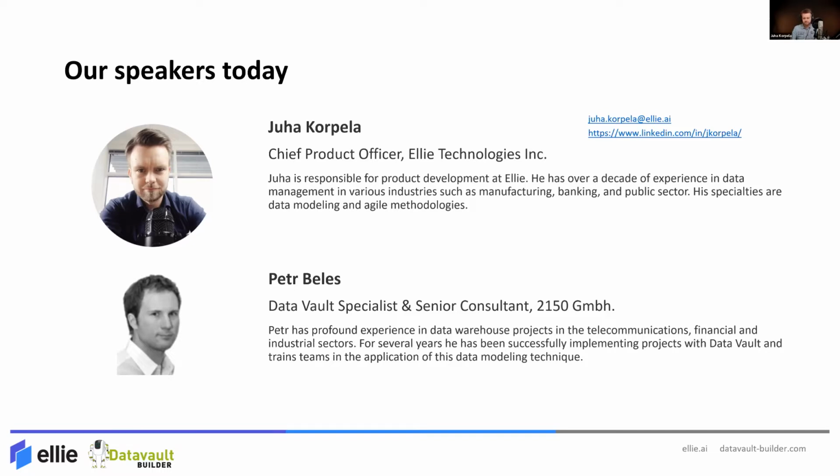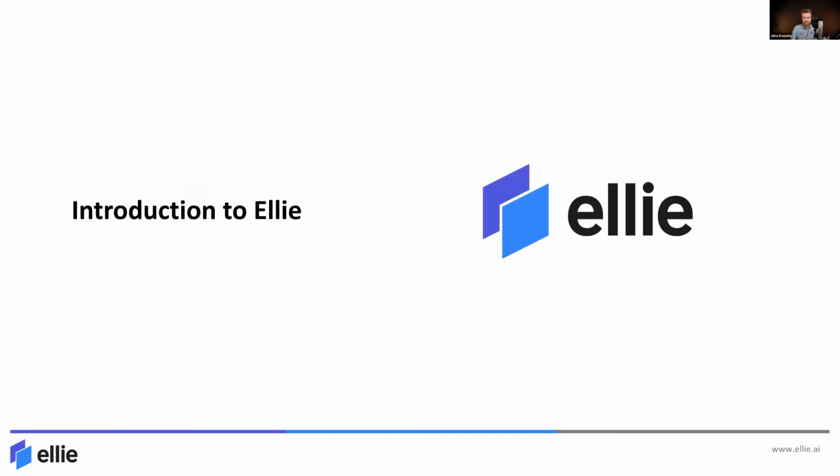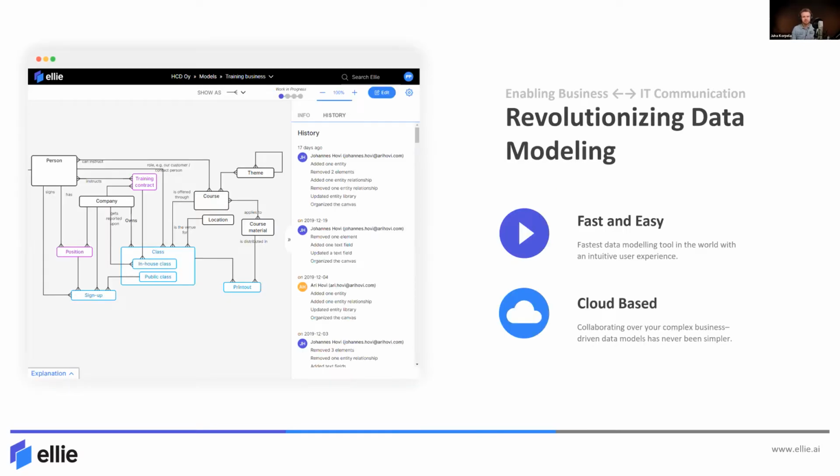So without further ado, let's begin with the basics. I'm not going to spend too much time on this, but just some basics to get us on the starting ground here. Ellie's approach is to achieve this compliance and understanding of your data products via the method of data modeling.